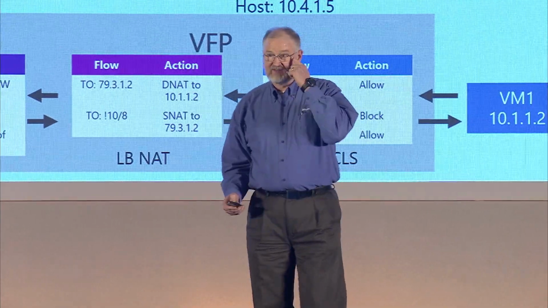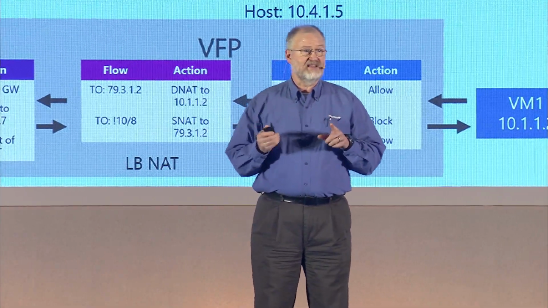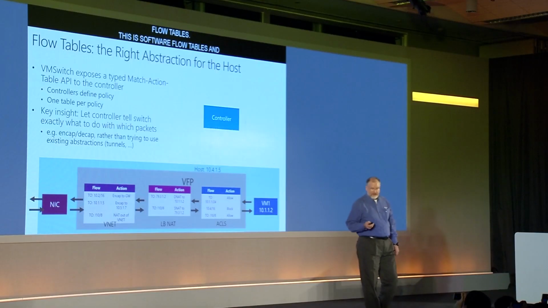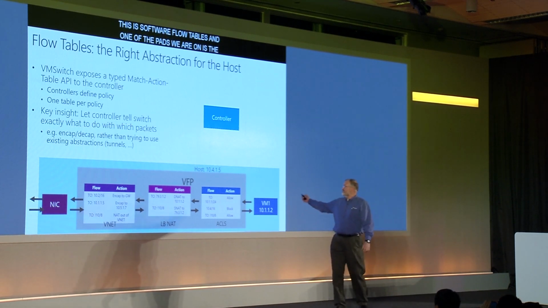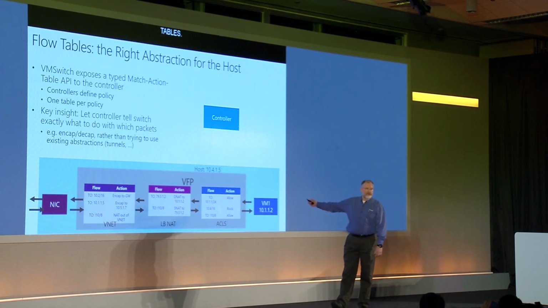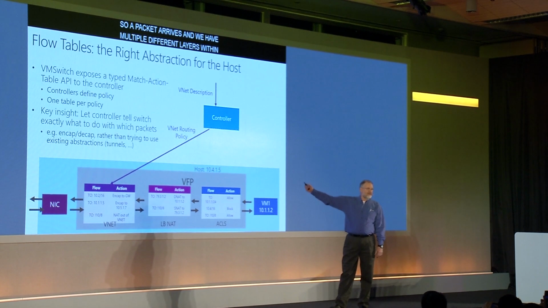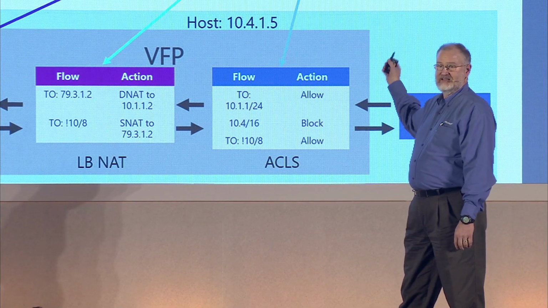So here's how it works. Flow tables. This is software flow tables, and one of the paths that we're on is the path to getting hardware flow tables. So a packet arrives. We have multiple different layers within the VFP, and the first thing that happens is we program down some policy. This is our tenant policy coming down. Now we need to have the policies that the tenant itself wants to have.